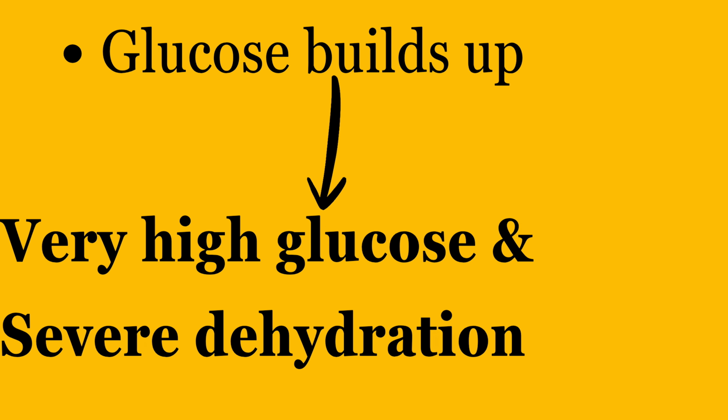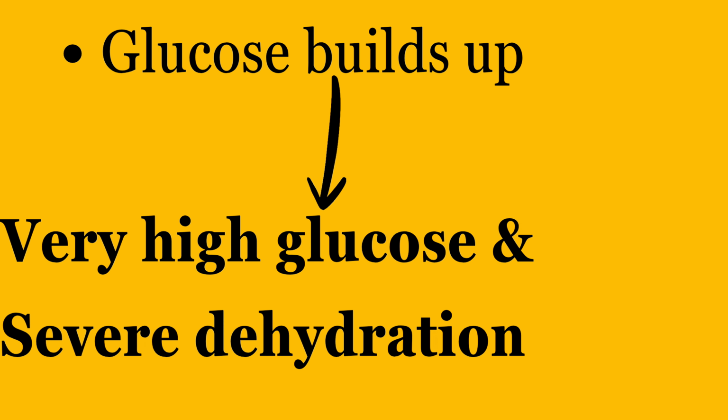So it continues to just be in the blood and build up, leading to very high or extreme hyperglycemia. The amount of hyperglycemia in HHS is extremely high. It is higher than in DKA. It is very, very, very high.